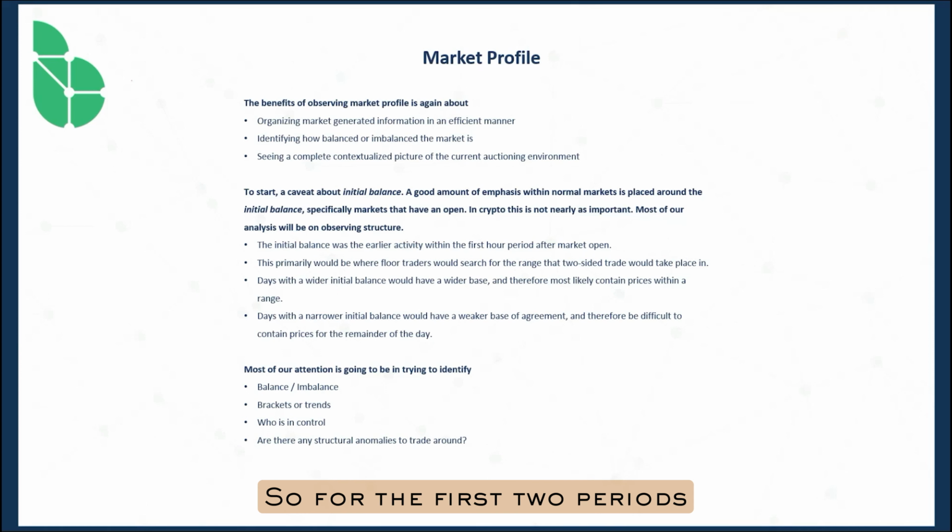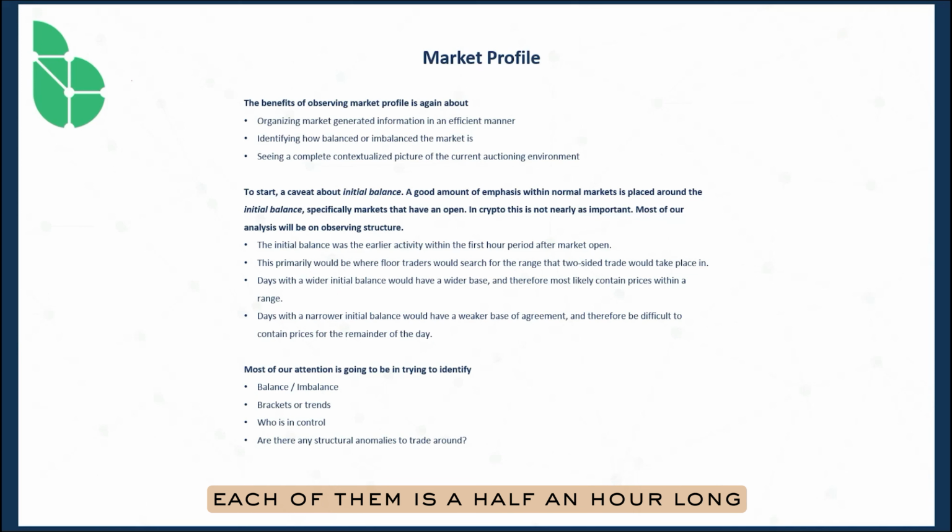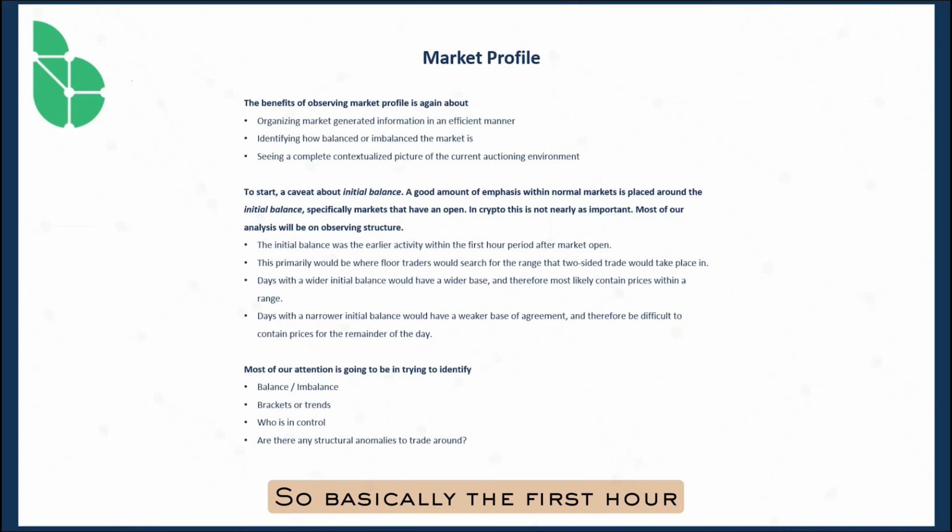The first 2 periods on a market profile chart are each half an hour long, so basically the first hour after a market open. This is way more important in a market where there are opens. In crypto it's not nearly as important. This will help you in traditional markets as well.